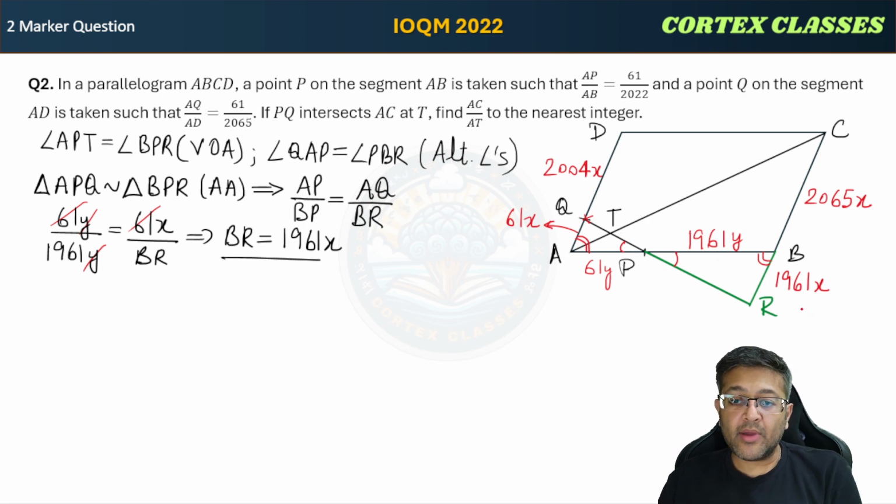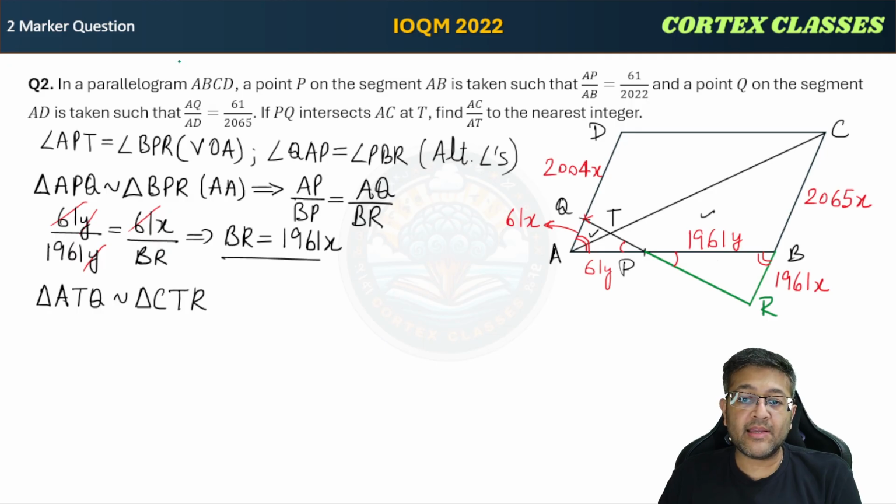All right. Now, guys, let's come to the other triangle. Let's pick triangles. Now, it is a very small triangle, but let's look at it. Triangle ATQ. I'm going to say that it is similar to triangle CTR. So look at it carefully, guys.